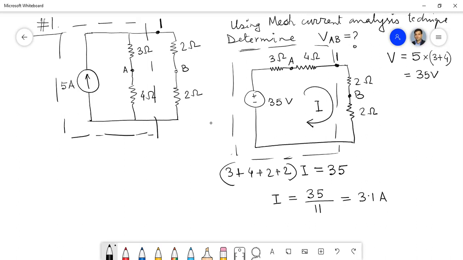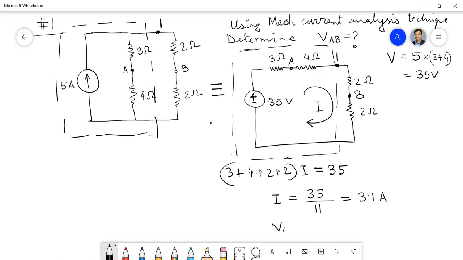But in the second diagram all four are in series. In the first one it was a current source, and in the second one it is a voltage source. So this is the equivalent circuit. You look at the type of the sources. We have done the source conversion, which we discussed in the very first class. You just take out your notes and see how this is possible.